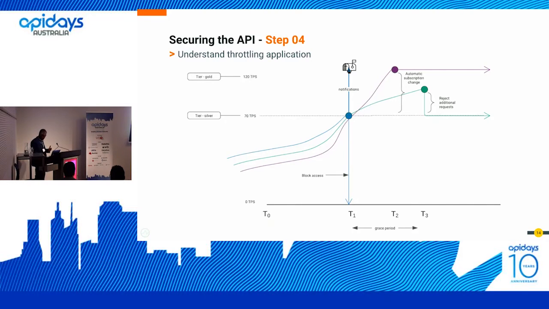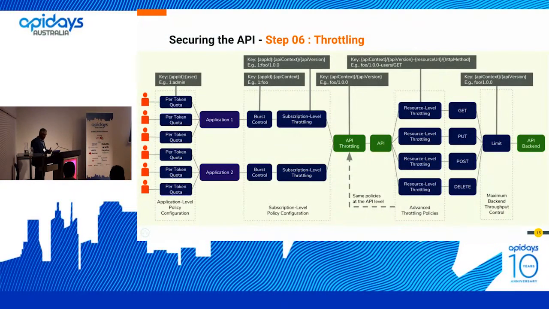It should be flexible enough. Now if you expand this further, the throttling can be applied at different levels, right? We model the API consumer as an application, and this application can be used by different people, say admin, right?